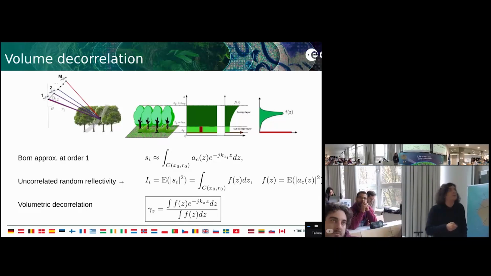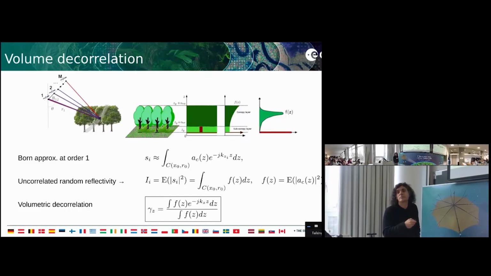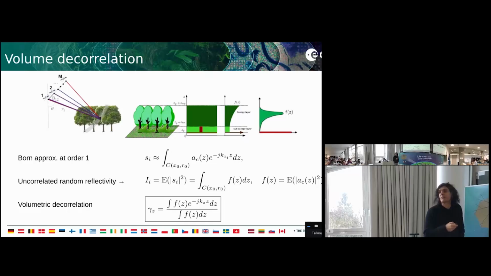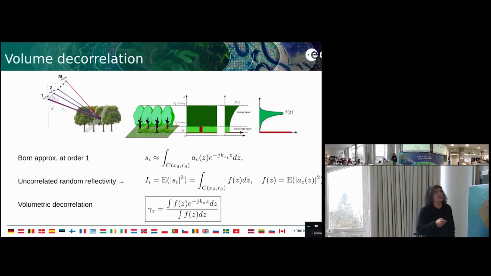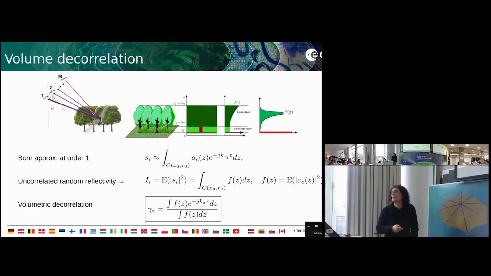It is given by a kind of Fourier transform-like expression. The correlation is more or less the Fourier transform of the density of reflectivity in elevation. So if you have some good a priori on this shape, you can try to retrieve some characteristics of this f of z, of this density of reflectivity, by performing SAR interferometry.